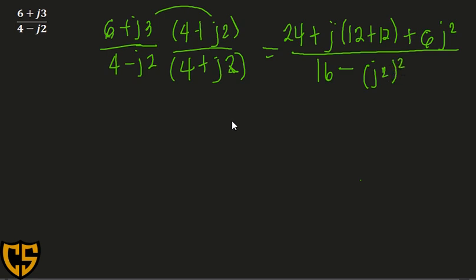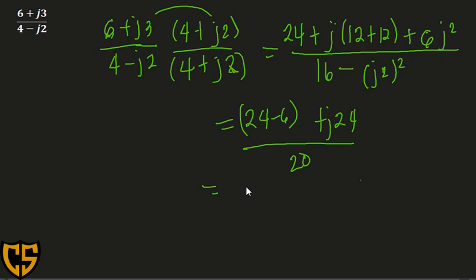In the numerator, we have 24 minus 6, which is 18. Then 12 plus 12 will be 24j. All over, we have 16 plus 4, so that will be 20. So we will have 18 all over 20 plus 24 all over 20 j.